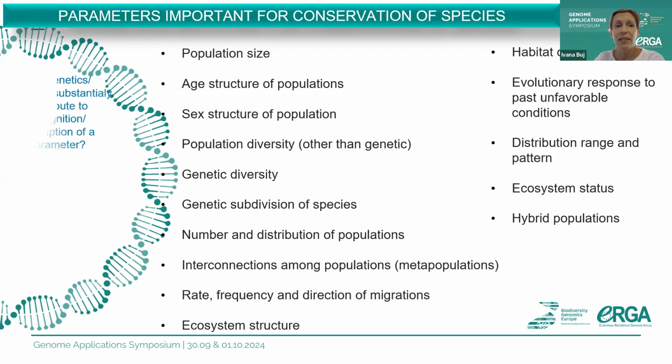The first one is whether these parameters can be estimated using genetics, and even better using genomics, precisely and efficiently. And by this I mean cheaply and quickly enough, because all conservation projects have budgets, and these budgets are almost always not sufficient for everything we want to do.